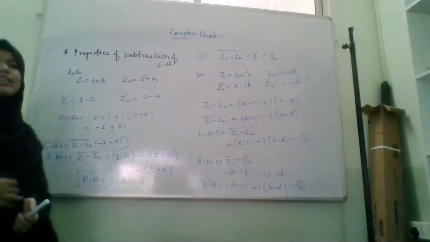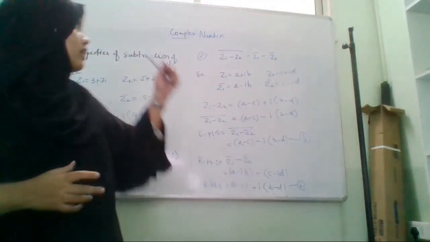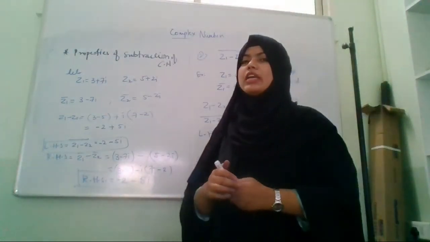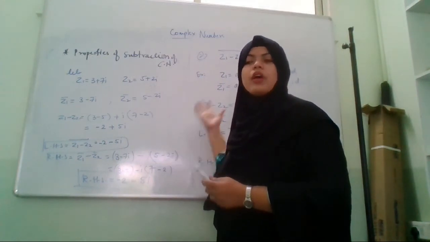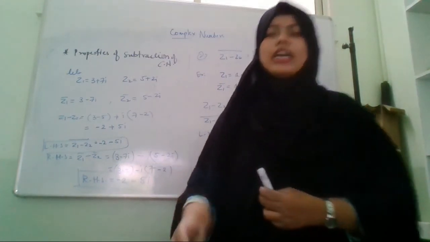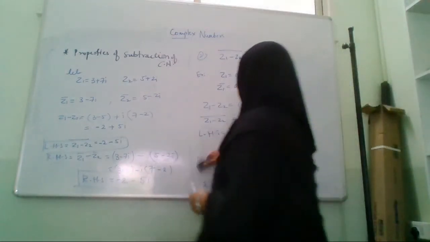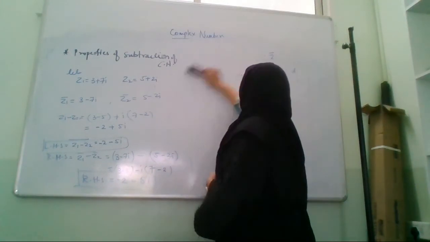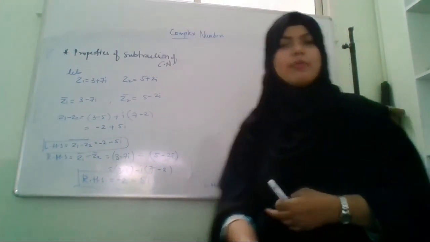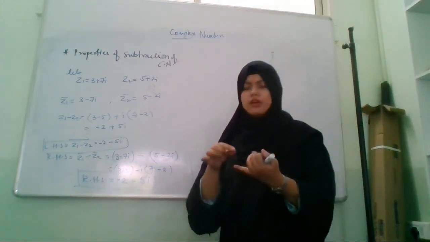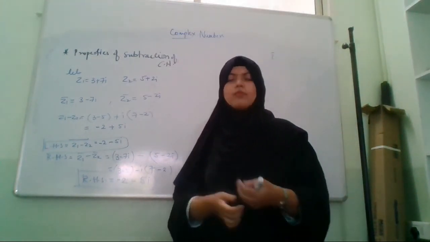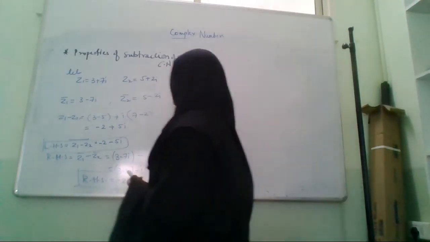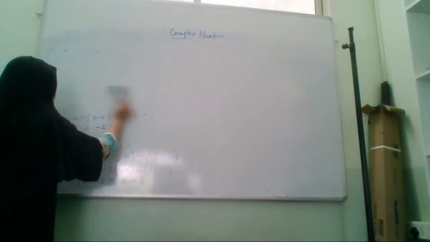In the exam, the question can come as: verify this property, or it can come like this: state any one property of subtraction of complex numbers and also verify it. So it can come for 2 or 3 marks. I hope that till here the operations, that means the algebra, are clear. The first algebra was equality of complex numbers, second was addition, third was scalar multiplication, and fourth was subtraction of complex numbers.